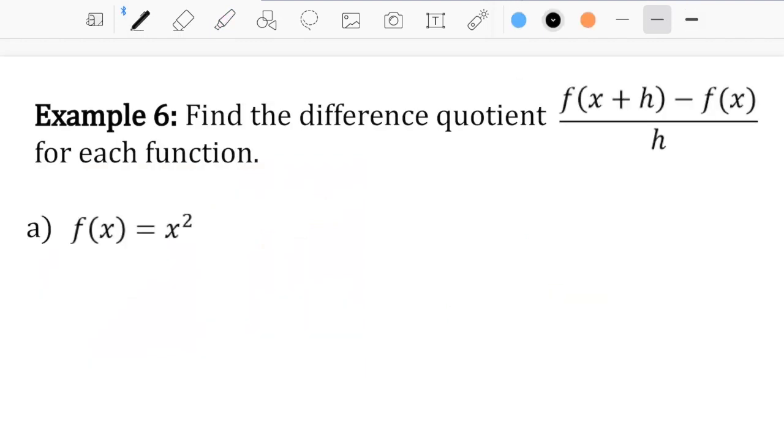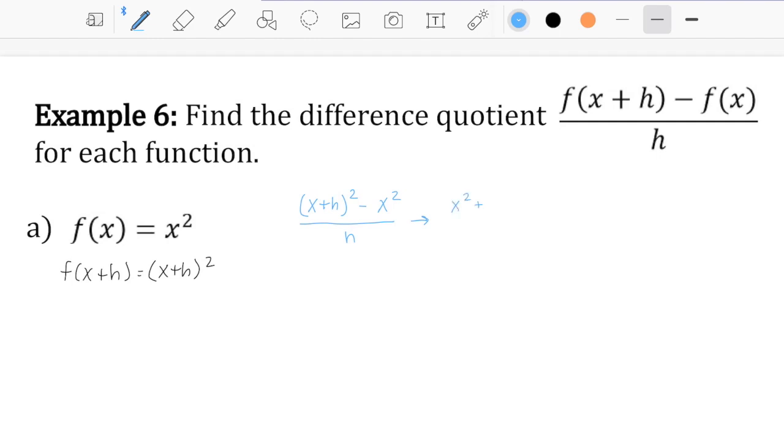Okay, so let's try an example with the function f of x equals x squared. So first I'm going to want to find out what f of x plus h is, and that's just x plus h squared. Now I'm going to input that into my actual formula. I'm going to find f of x plus h, which is just x plus h squared, minus f of x, which is x squared, divided by h. All right, this is going to take a few steps to simplify.